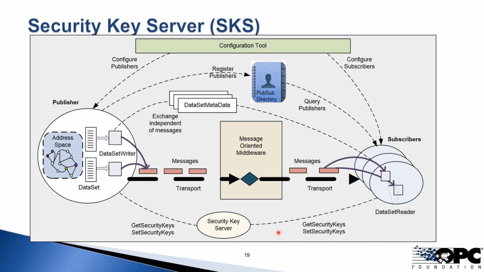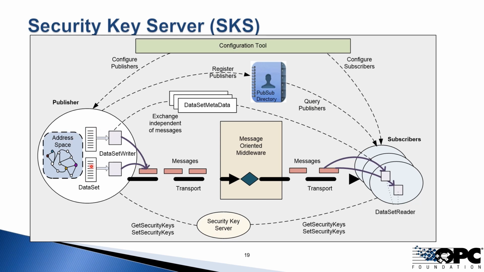So this particular service can be implemented anywhere. It's often implemented directly in a publisher, such that you might not even think of the security key server as a centralized component, but that would be a mistake because it can be.